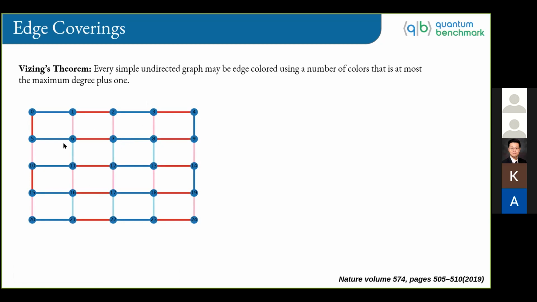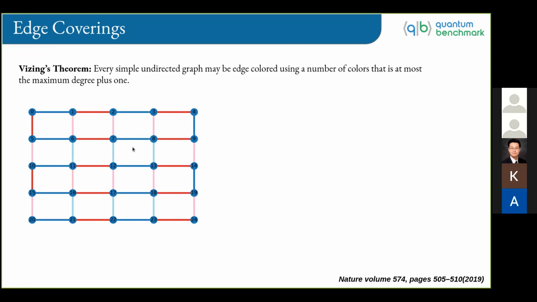So for example, here I've taken a square lattice of qubits and I've used a famous algorithm to edge color this graph. And so it's possible on these qubits in principle to apply all of these red entangling gates simultaneously. And it's possible to apply all of the pink gates simultaneously.